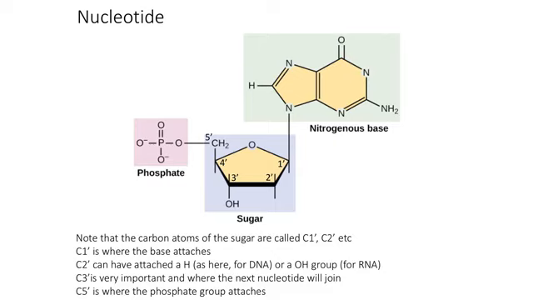And those other 4', 3', 2', and 1' are the carbons of the sugar. And you can see that there are a couple of hydroxyls here. That 3' hydroxyl is really important, and we'll talk more about it in a moment. And then the other part, there is the base, which is joined to the 1' carbon of the sugar.